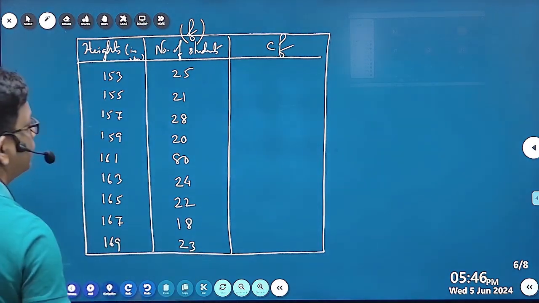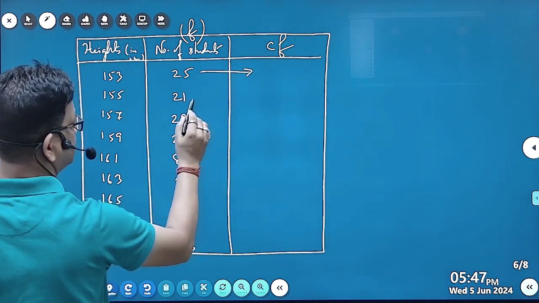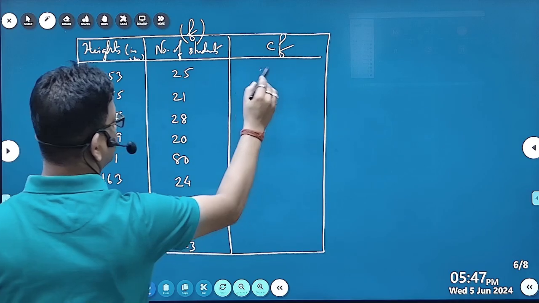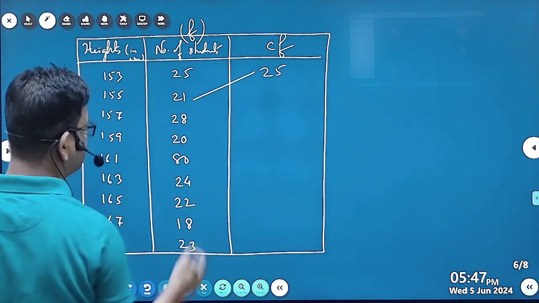Okay. Now, CF you know, this is as it is, then we add it this way, yes or no? So, first one is 25. Then we add it this way, for those who are still not aware.